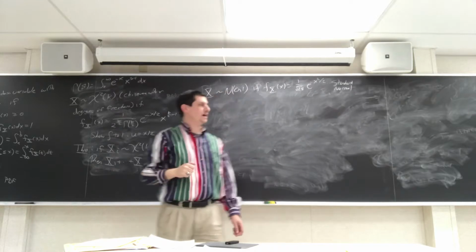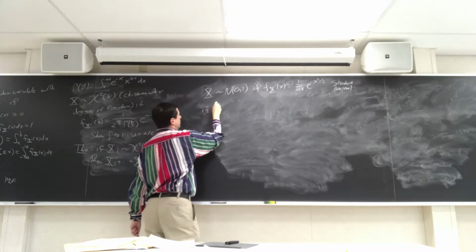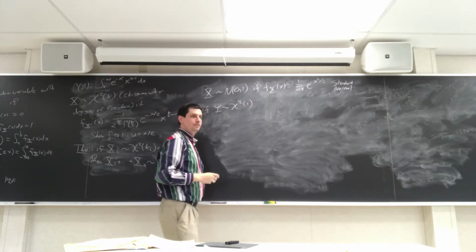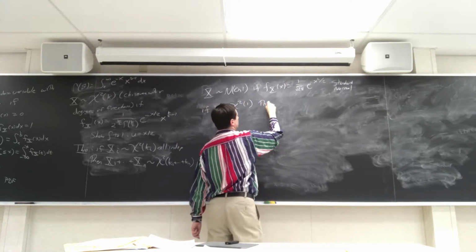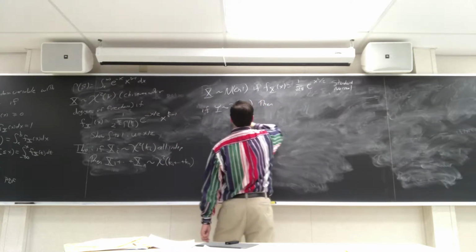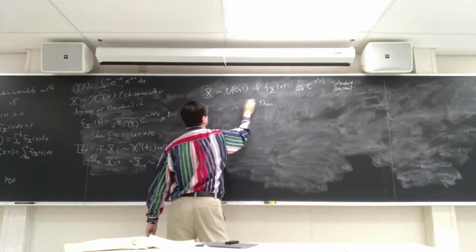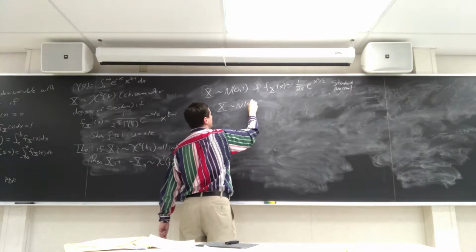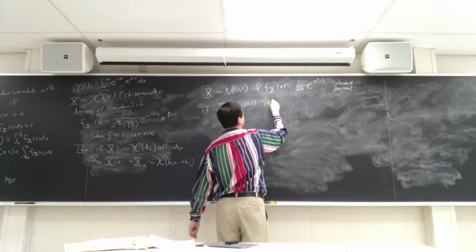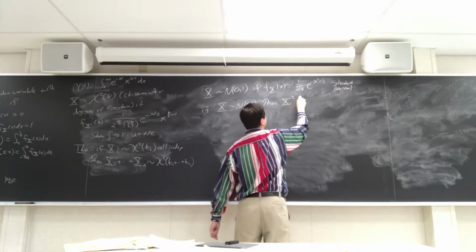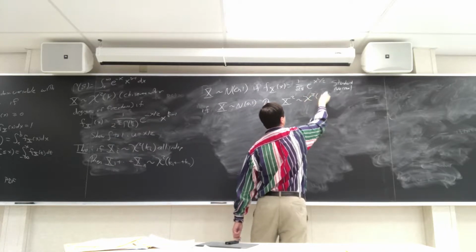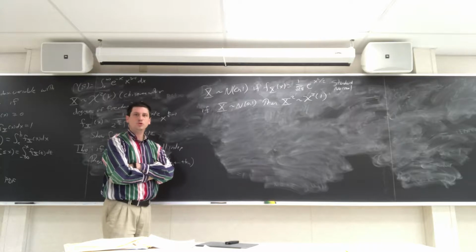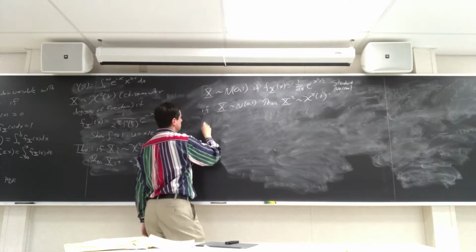And the amazing fact is, if x is a normal random variable, then x squared is a chi-squared random variable with 1 degree of freedom. So let me quickly show you why this is true.